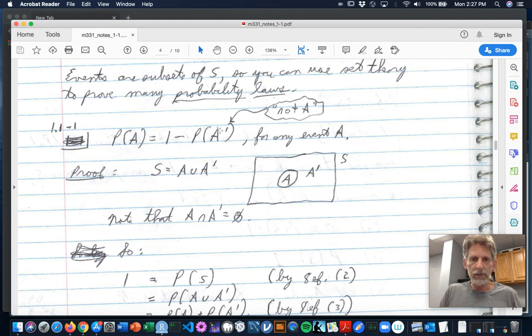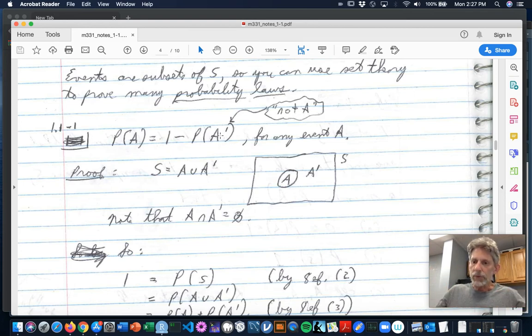The A prime there stands for the set of all things that are not in A. It's the complement of A. So you could say probability of A is 1 minus the probability of not A. Might be how you could say this to yourself.